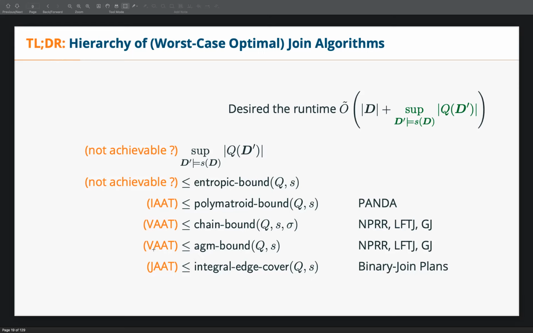Now there are queries for which there's an actual asymptotic gap between consecutive bounds. So they are containing one another in some ways. Yeah.